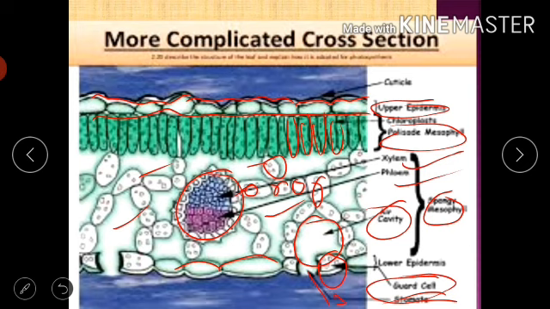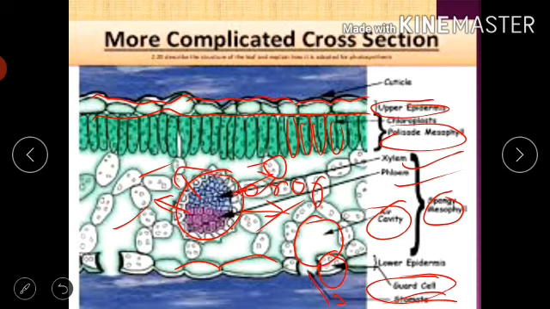Okay, now let us see how water moves through the leaf. The xylem vessels send the water into the cells and a cell to cell movement takes place.